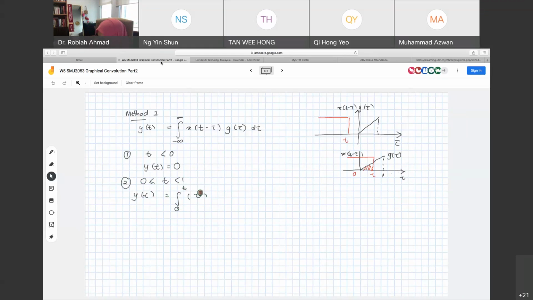And what about the signal u? It remains as 1, d tau.